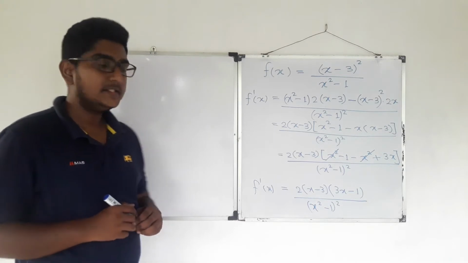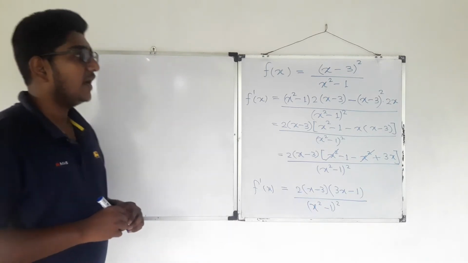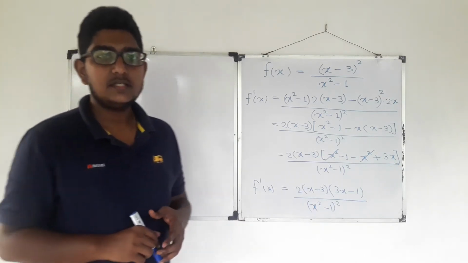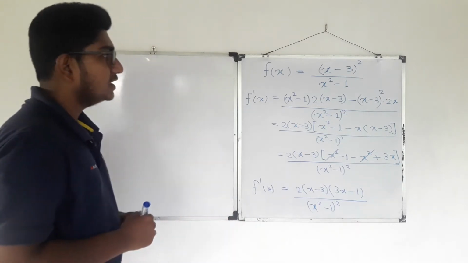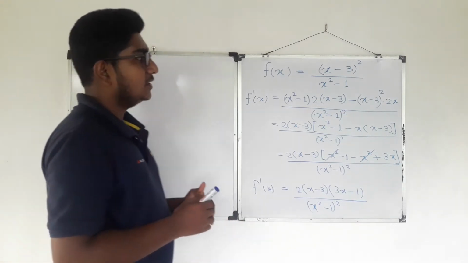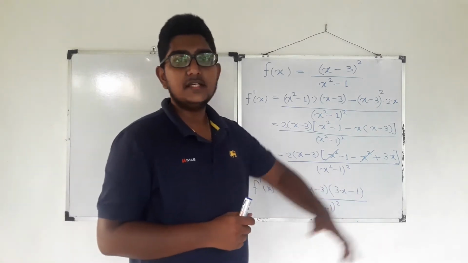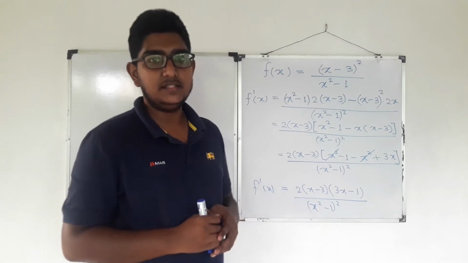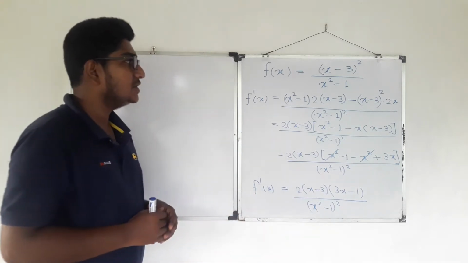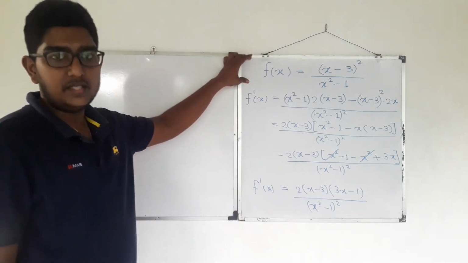After that, we have to identify the asymptotes and turning points of the function. An asymptote is a value of x where the function y equals f(x) is not defined. So what are the values where the function is not defined?